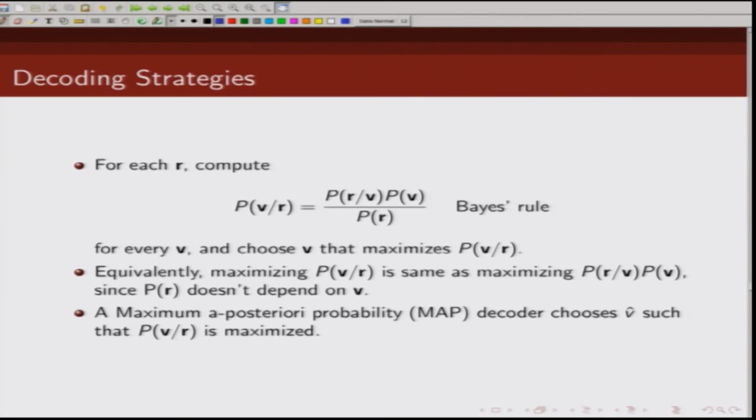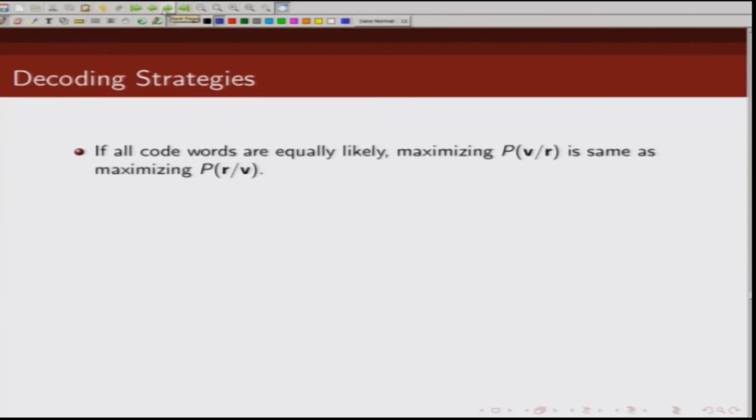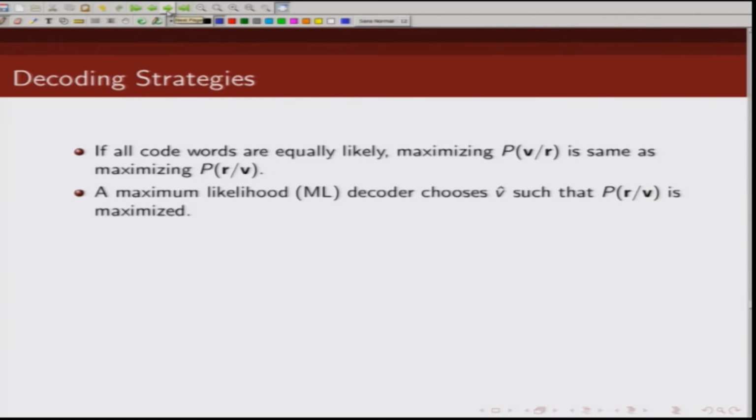So, in that case, maximizing the probability of V given R is the same as maximizing the probability of R given V. If all code words are equally likely, then maximizing the probability of V given R is the same as maximizing this likelihood function, P of R given V. So, a maximum likelihood decoder is the one which will choose V hat such that this quantity is maximized.